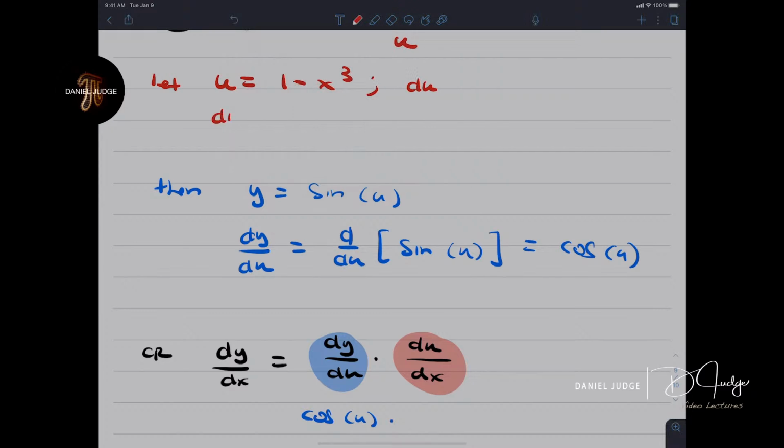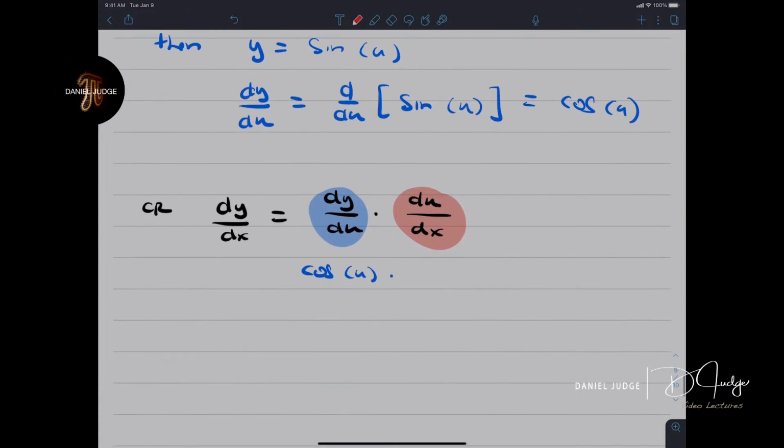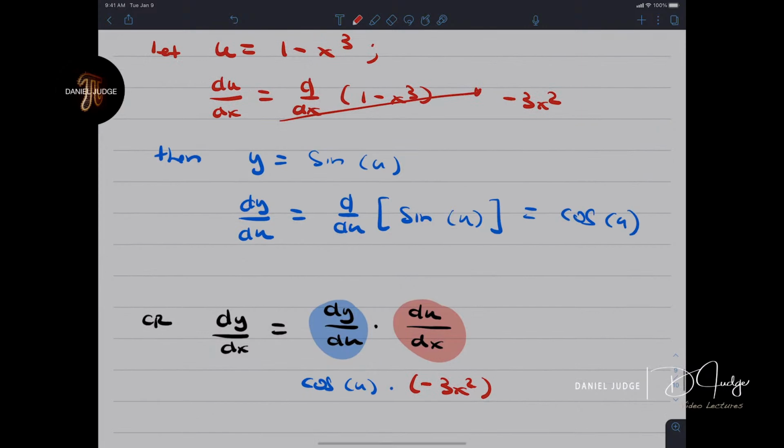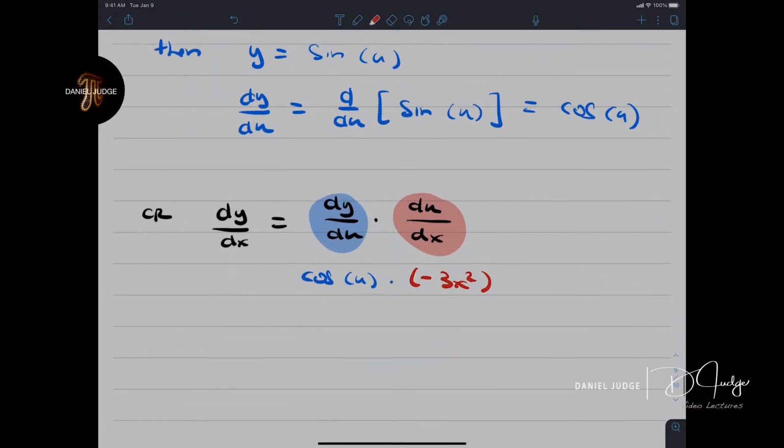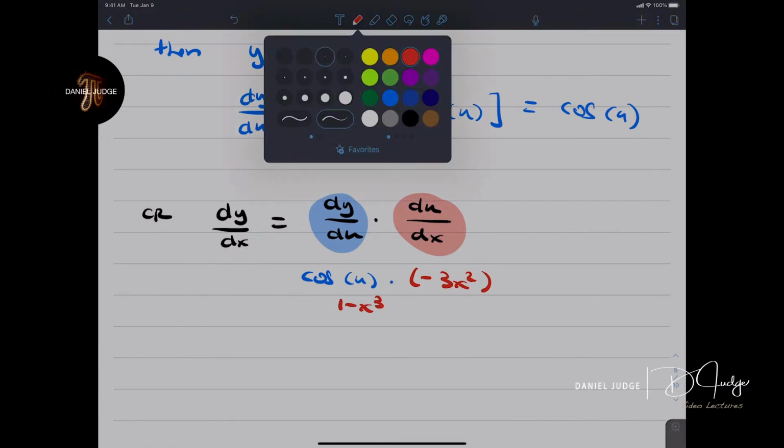So du dx is the derivative of 1 minus x cubed. And that derivative will be minus 3x squared. So this will be times a minus 3x squared up here. So don't forget what u is. U is 1 minus x to the 3rd power. So this becomes 1 minus x to the 3rd.